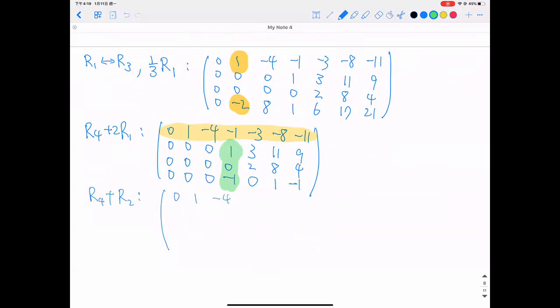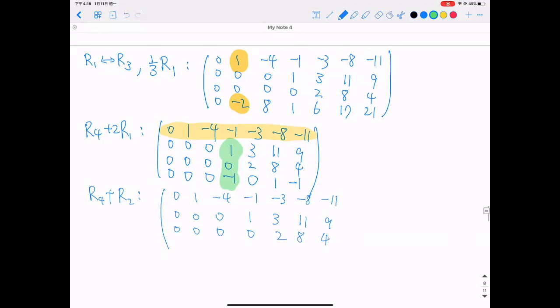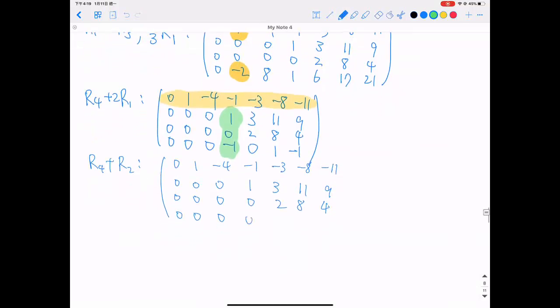So now the new matrix is 0, 0, 0, 1, 3, 11, 9, 0, 0, 0, 0, 2, 8, 4, 0, 0, 0, 0, well, 1 minus 1, that's 0. 3, 0, that's 3. 11, 1, that's 12. 9 minus 1 is 8. Okay, so now what?